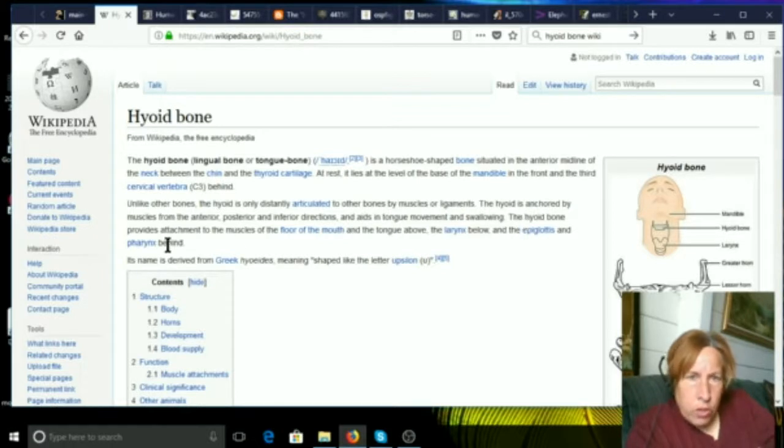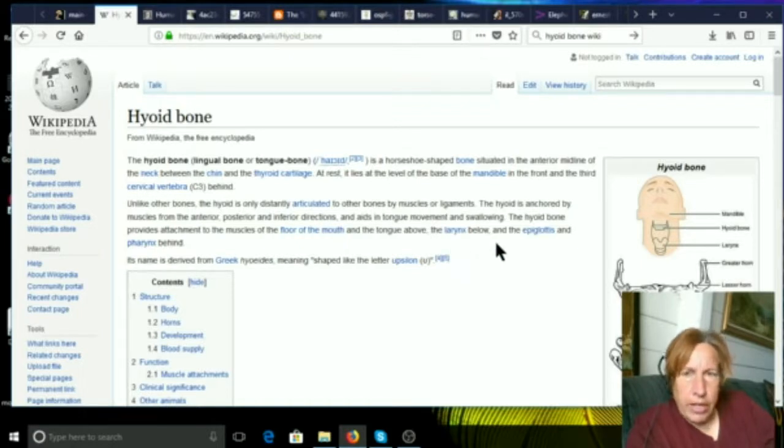The hyoid bone provides attachment to the muscles of the floor of the mouth and the tongue above and larynx below, and the epiglottis and pharynx behind.